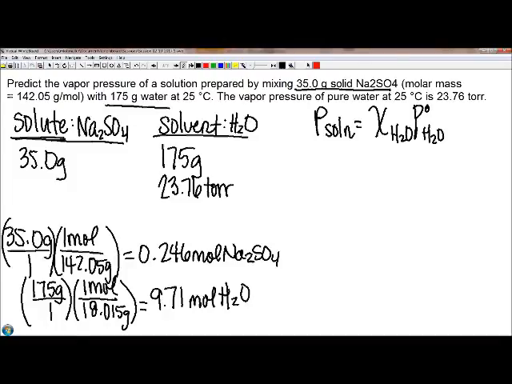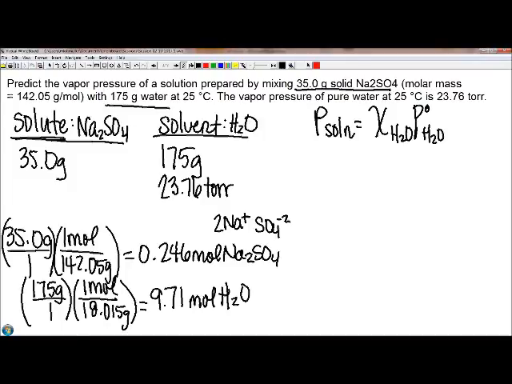But before we solve for the mole fraction, this is where it gets a little different. When you dissolve an ionic compound in solution, like we saw in one of our homework problems, you have multiple ions dissolved. Sodium sulfate is made up of 2 sodium ions and 1 sulfate ion, a total of 3 ions.